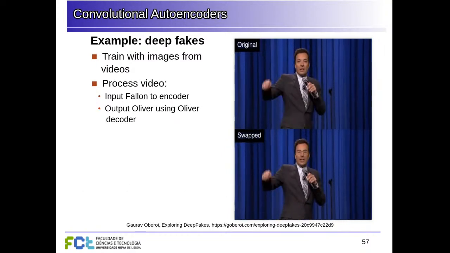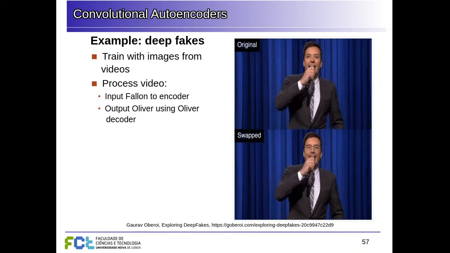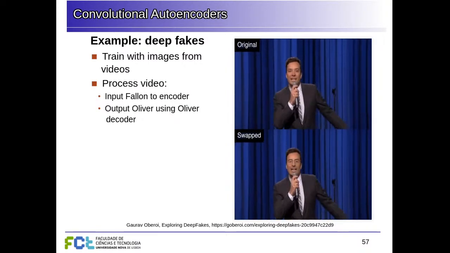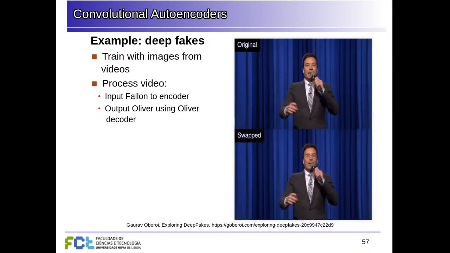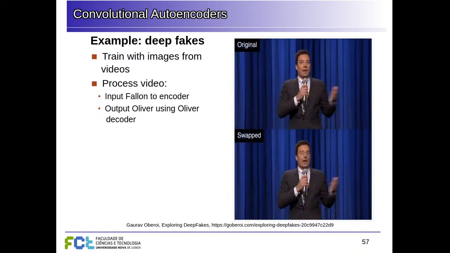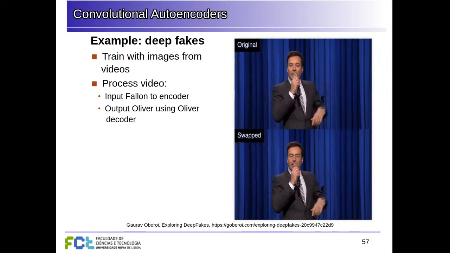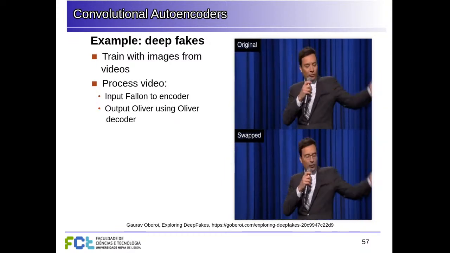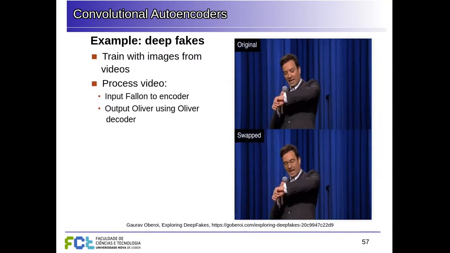This is how deepfakes are generated. We train a shared autoencoder that maps from both people into the same latent space representation, and we have two different decoders that map from that shared latent space representation into the different outputs that we want.